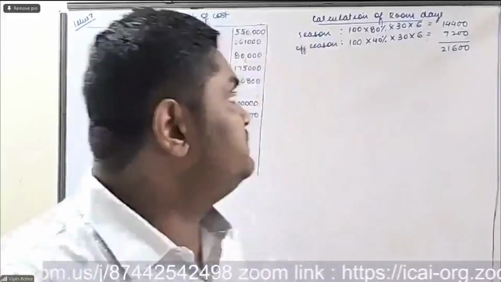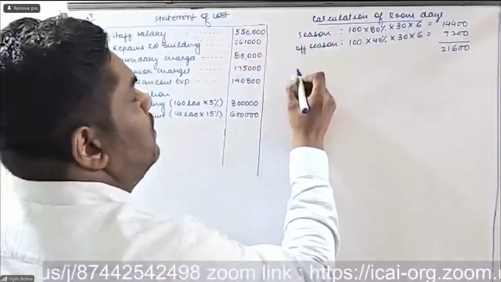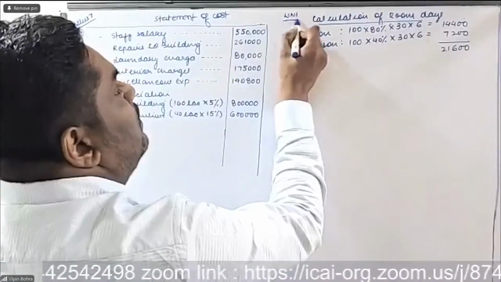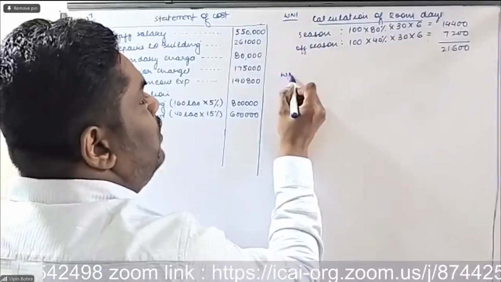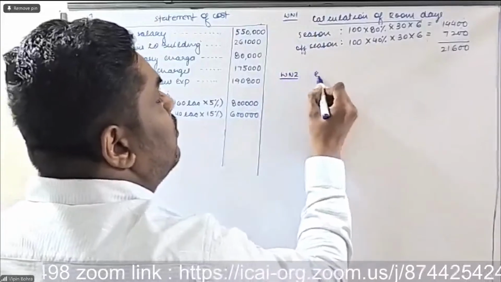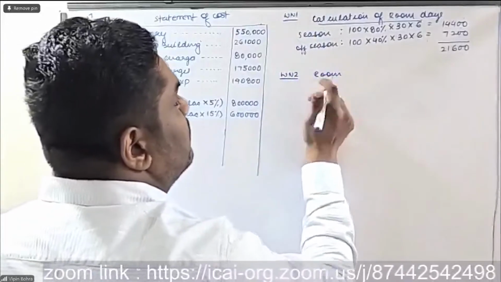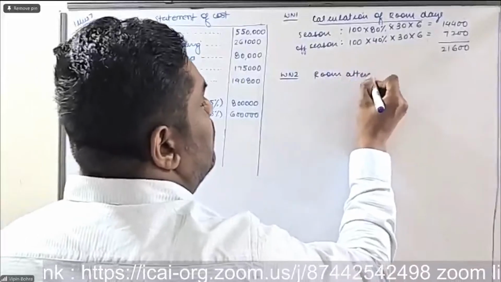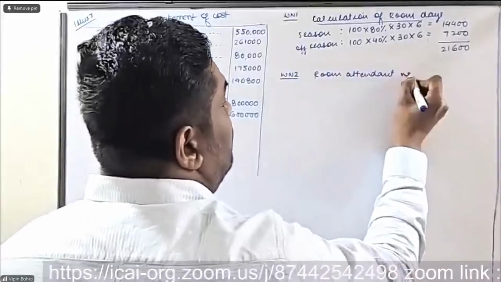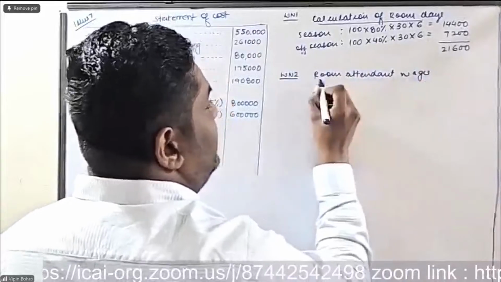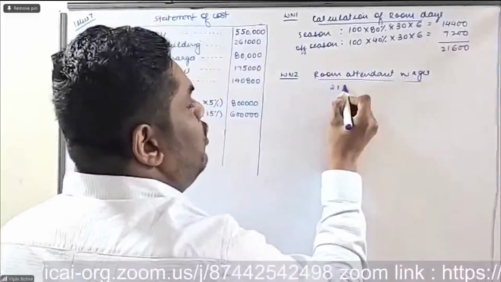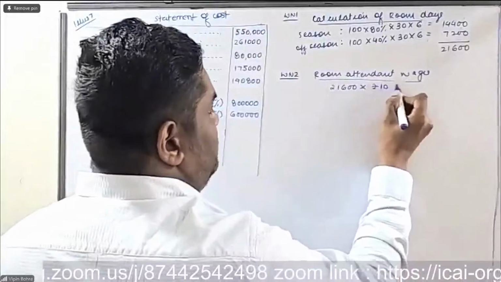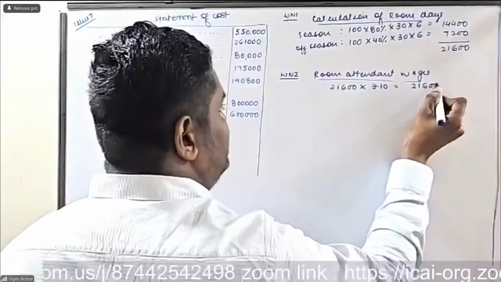So this is, let's say, working note number 1, working note number 2. Room attendant wages are dependent upon the rooms that are occupied during the year. And the rate per day is rupees 10. So 2,16,000.